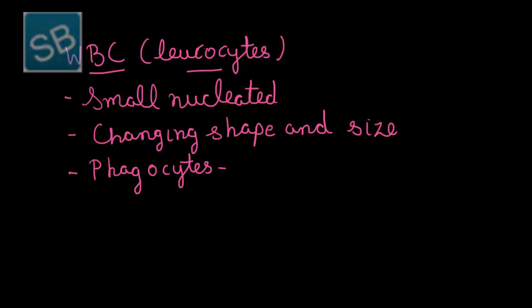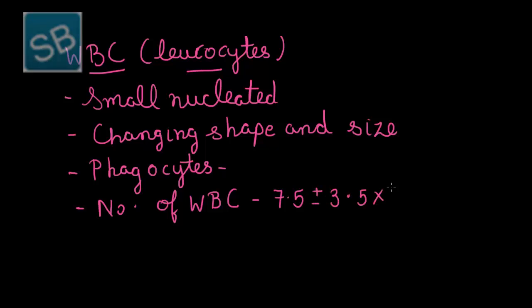On an average, the number of WBC in normal humans ranges from 7.5 plus or minus 3.5 into 10 raised to 3 per cubic milliliter of the blood. This number, however, depends on the condition of the body and may vary accordingly.